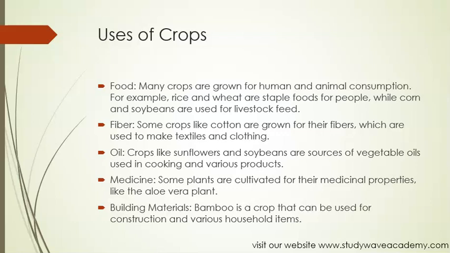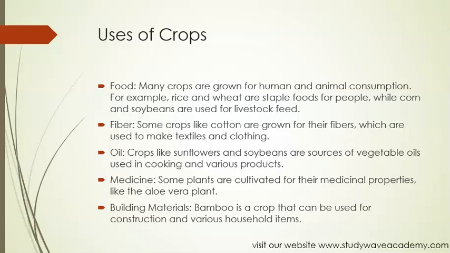Crops are also used for medicine. Some plants are cultivated for their medicinal properties, like the aloe vera plant. So some plants are grown for their medicinal properties, like aloe vera is used to make healing ointments. Crops are also used for building materials.